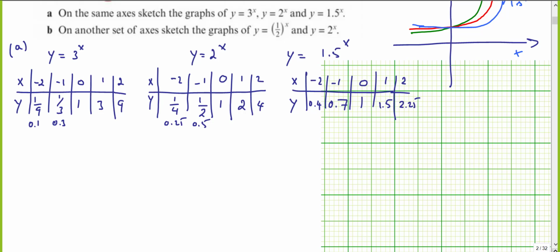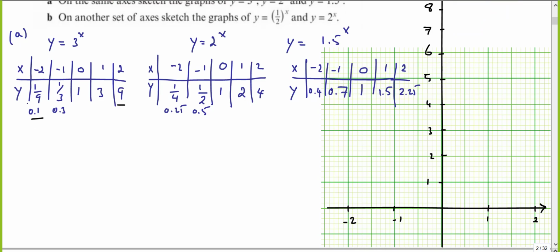This is part A, you can see it. Let's sketch the first one. -2 and 0.1. Where is 0.1? Be careful. Here from 0 to 1 there are 5 divisions, 5 intervals.